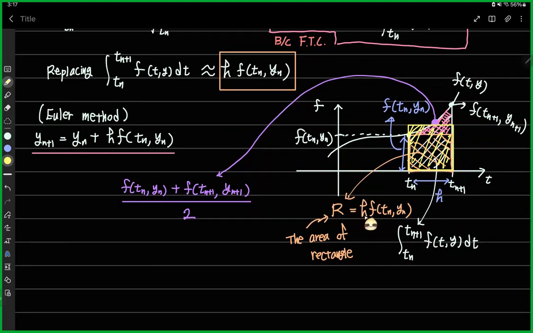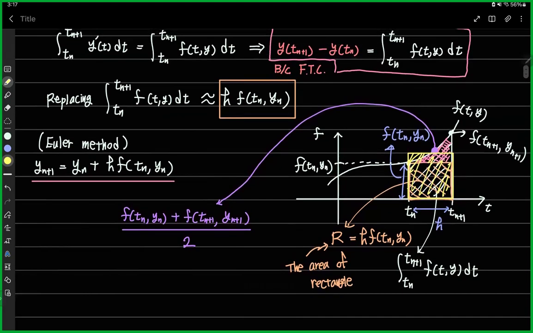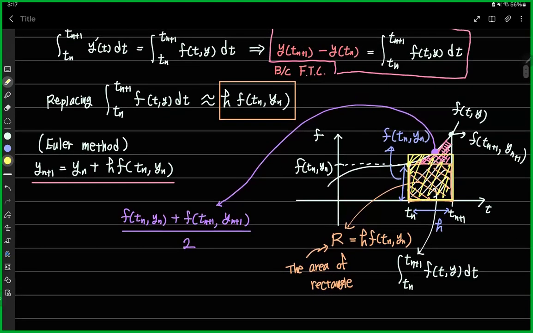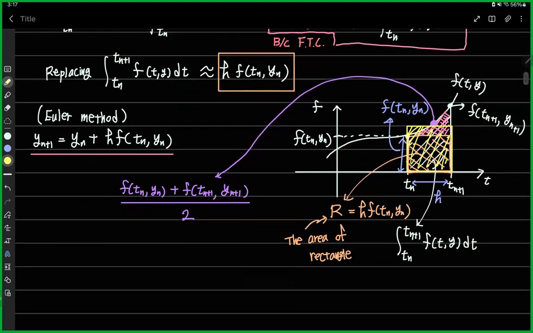You see? Okay, so let me derive the formula for the approximation of the solution using that average point. So now y sub n plus 1 is equal to y sub n plus the integral.